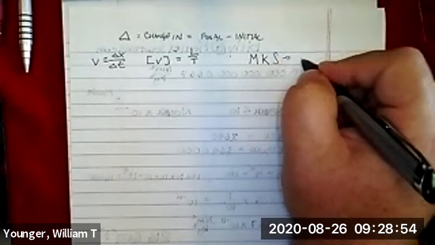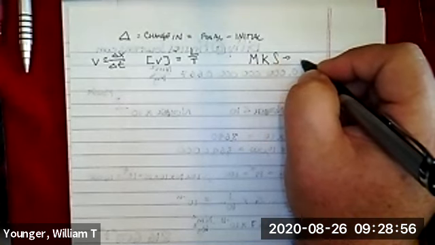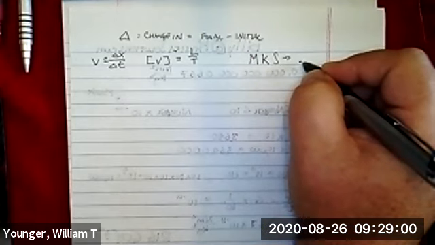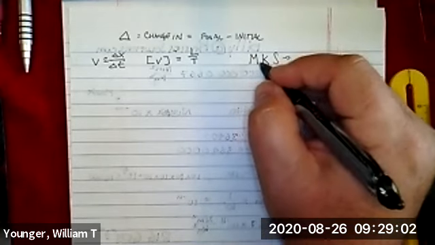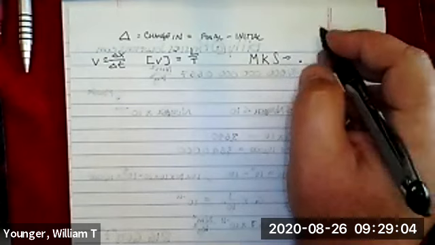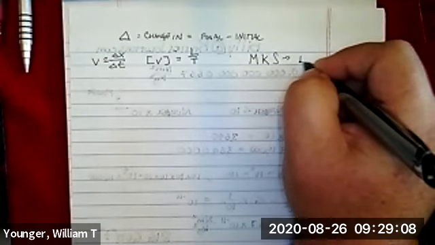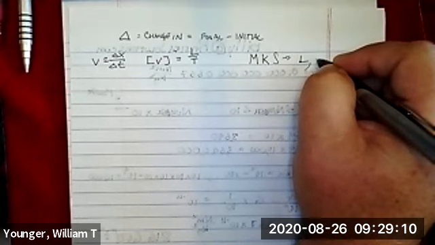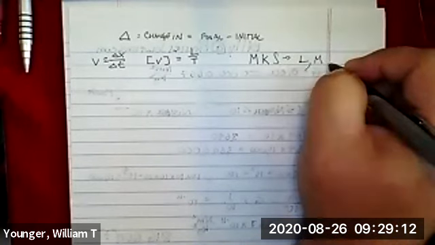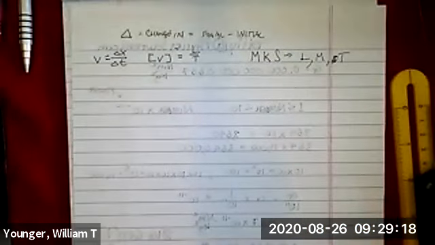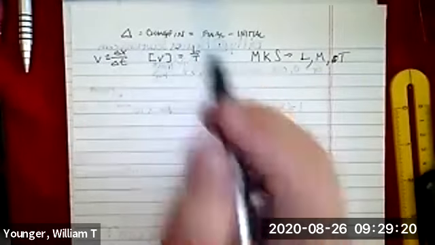So in dimensional analysis, we use L for length, M for mass, and T for time. So using that, now I know what velocity should be.